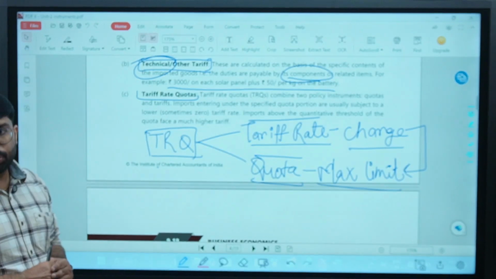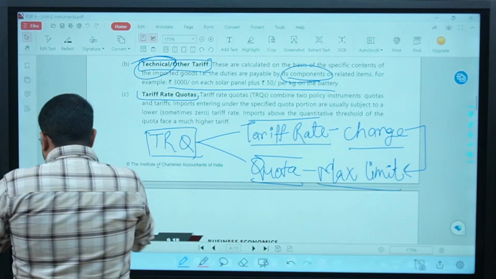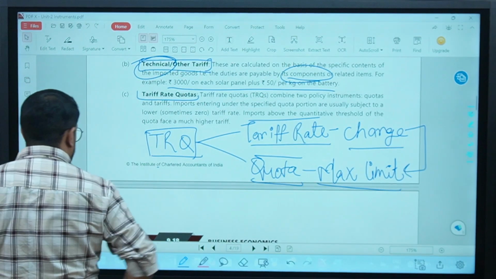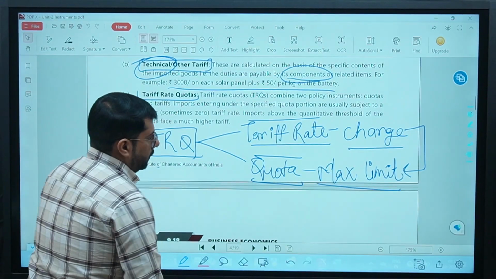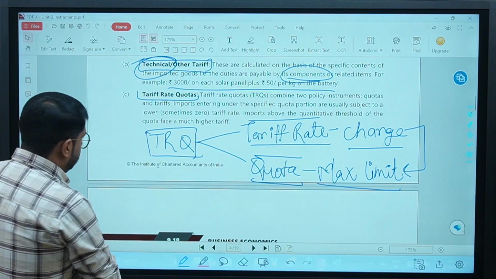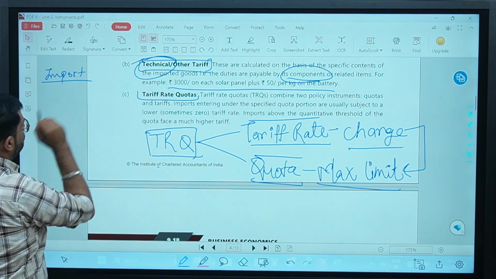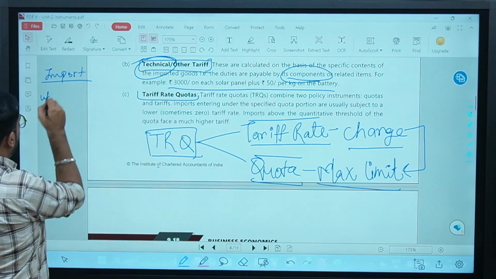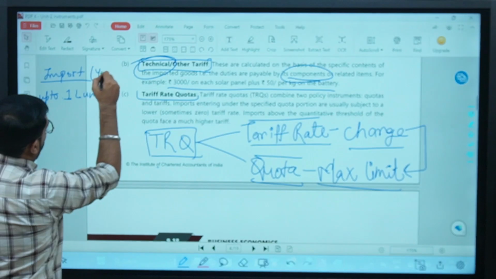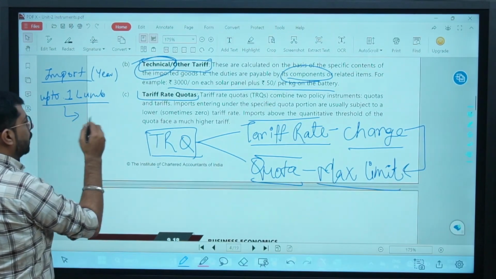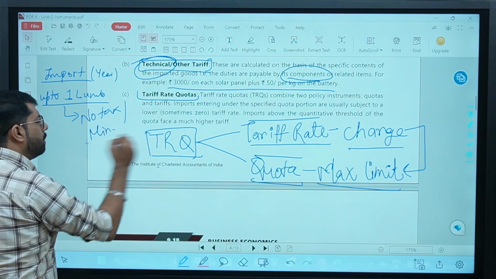Same way TRQ works. TRQ says that if you import up to 1 lakh units in 1 year, you need not pay any tax, or the tax will be very minimal.